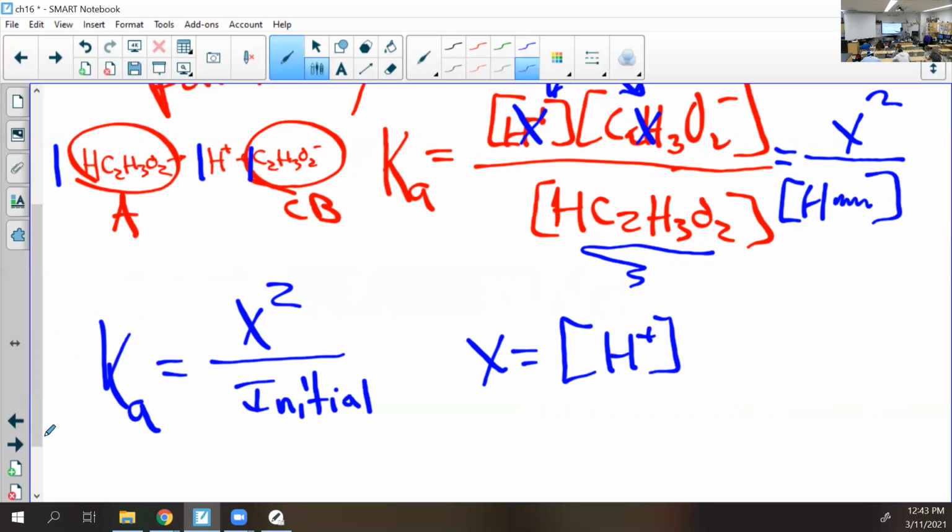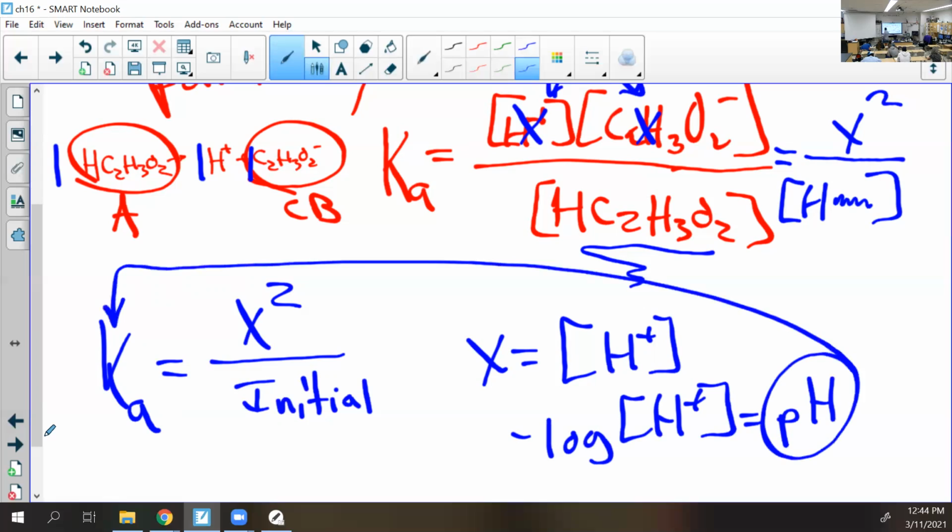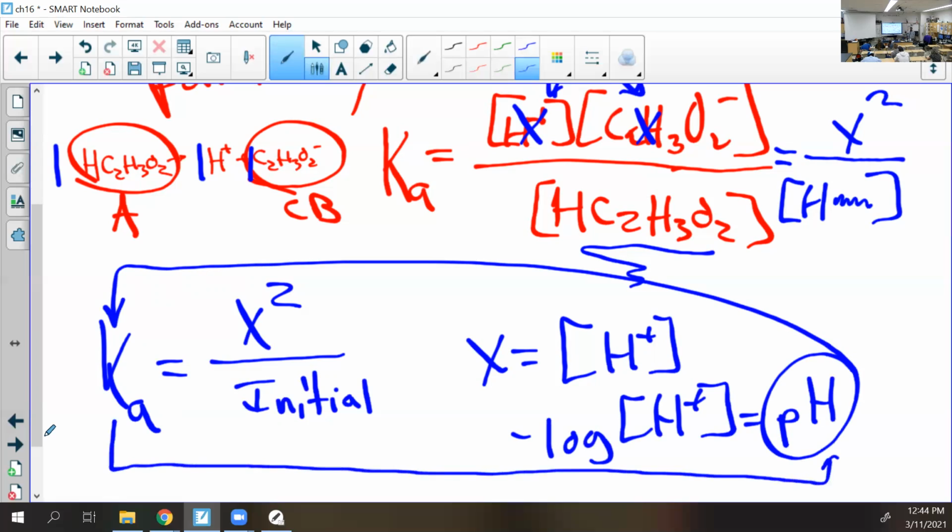If I take the negative log of the concentration of H plus, that'll give me the pH. So I can give you the pH and find the K value, or I can give you K and you can find the pH. They're all tied together. Now here's what's cool.